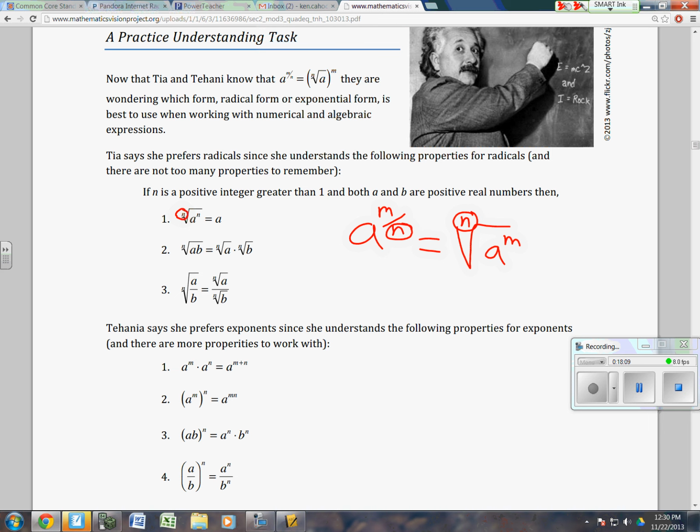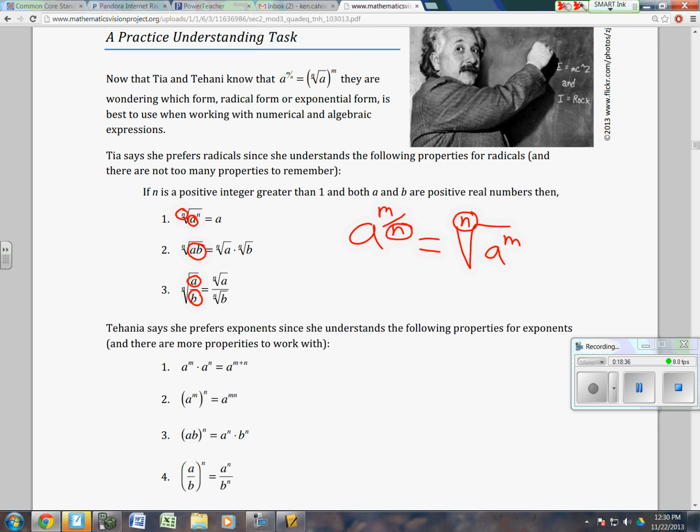Okay? And both a and b are positive real numbers. Okay? Guys, the radicand inside here, a and b right here, those numbers always have to be positive numbers for this to work. If they're negative numbers, we get imaginary number solutions, and we'll talk about that at another time.